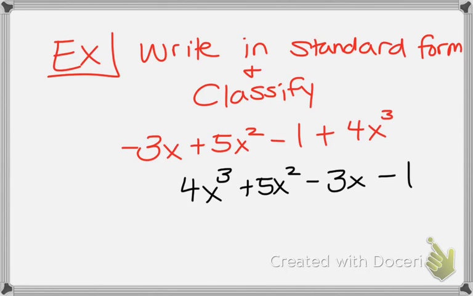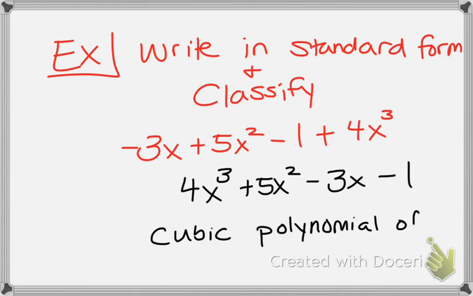Your degree is going to come from your highest degree of a monomial, nope, don't add them. So your degree in this monomial is 3, your degree here is 2, your degree here is 1, your degree here is 0. So your highest degree is 3, so it's a cubic polynomial of 4 terms.